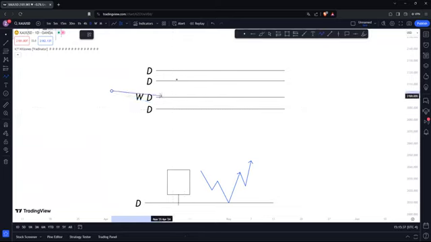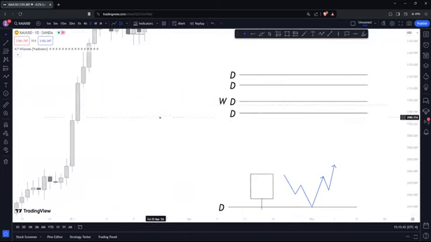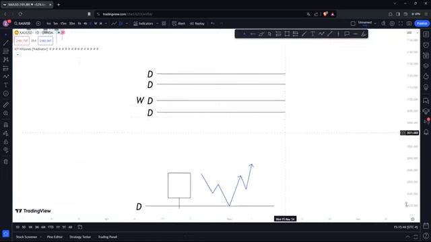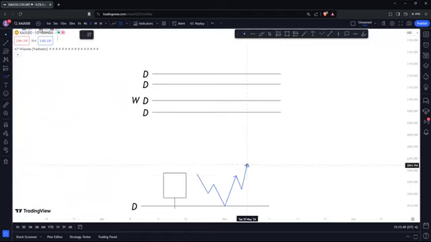But is that enough for you to say, oh, we're going to stop here 100%? No, you're going to have to wait for the other signs of the storyline, just like when it started. So here, you're going to have to wait for price to reject either this level or this level or this level or this level, and then give you the H4 breakout in order for you to say, oh, this is the level that stopped the bullish storyline.